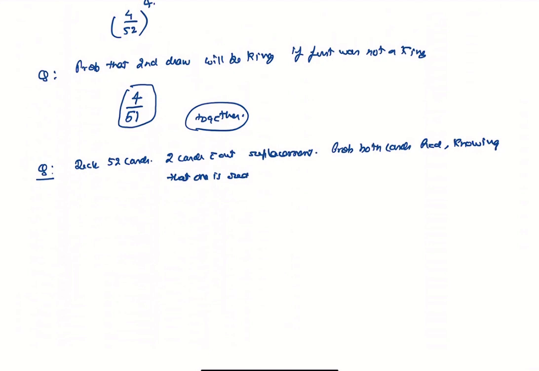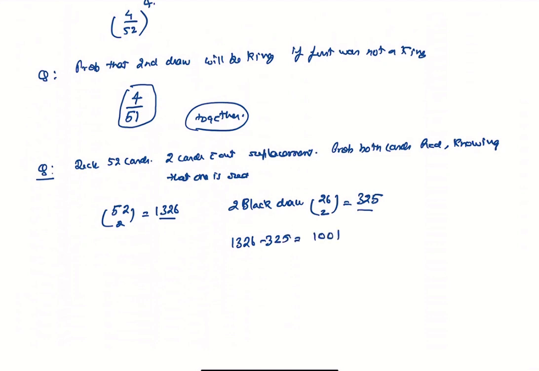Now how many total 2-card draws are there? That is going to be 52 choose 2, that is 1326. Out of them, how many 2-black draws can you do? 2 black draws we can do is 26 choose 2, that is going to be 325. We have to remove this from our sample space. So 1326 minus 325, that is going to be 1001.